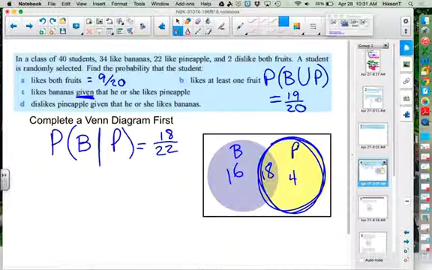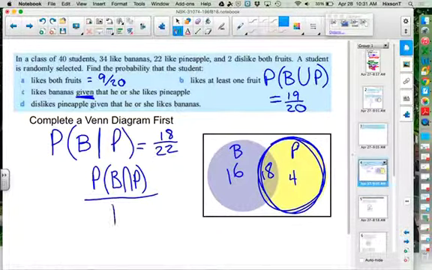The probability of B given P is the probability of both, so here's B intersect P, over the probability of the given. Okay? So the probability of the intersection, the probability of both over the probability of the given.